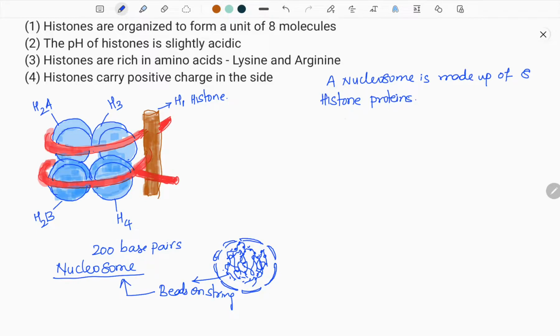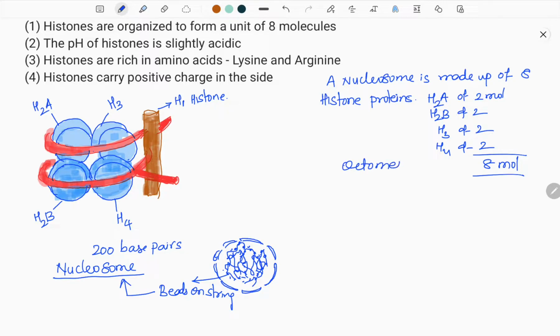So they include H2A of 2 molecules, H2B of 2 molecules, H3 of 2 molecules, H4 of 2 molecules. In total it's made up of 8 molecules. So it's called an octamer. One nucleosome is called an octamer.